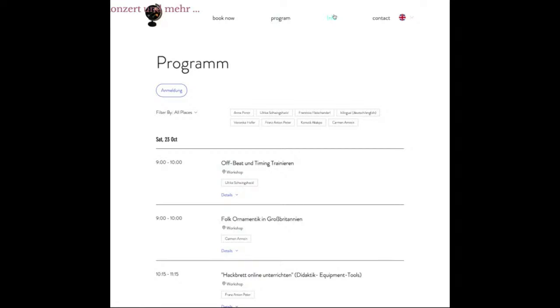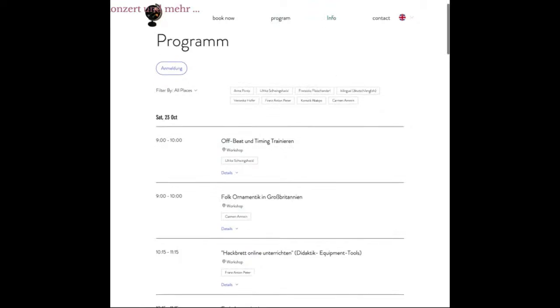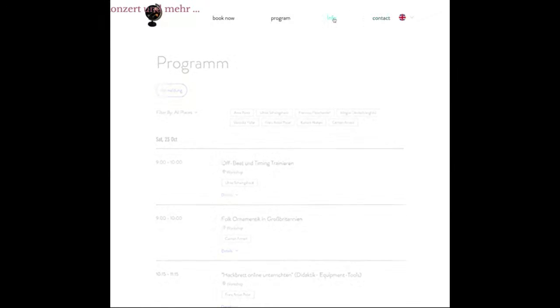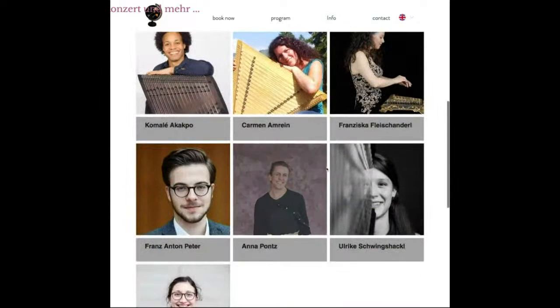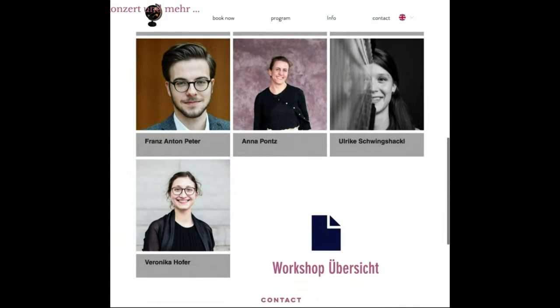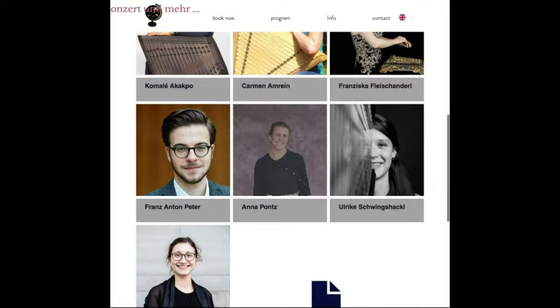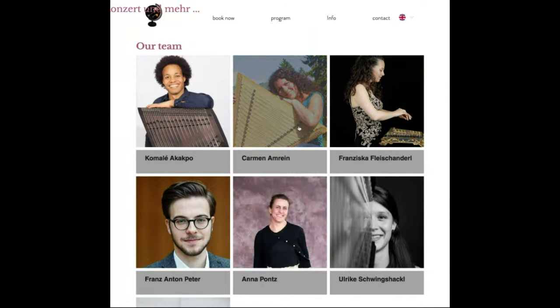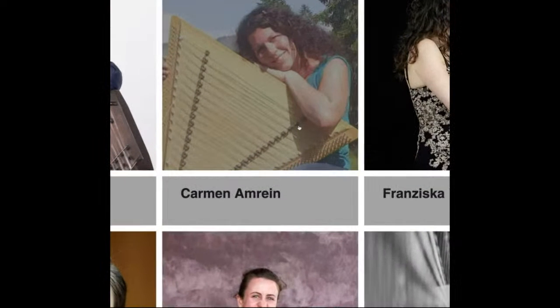And let's see, these are the workshops that are coming up throughout the time. Everybody here met each other in university in Germany. And what's exciting is learning that the Hochbrett here in Carmen's picture, this is the modern German Hochbrett, where there are two bridges and you play on the insides of both, you don't play on the outsides.